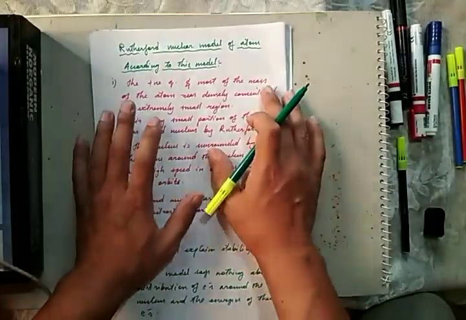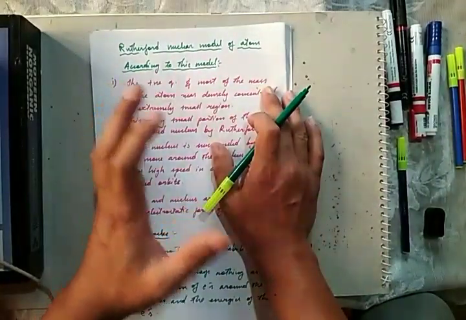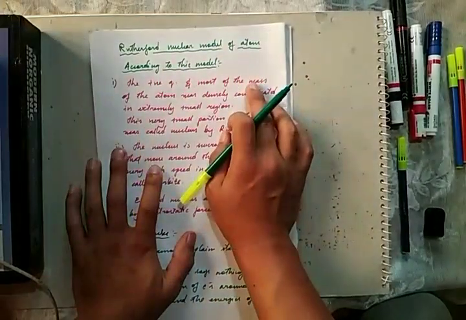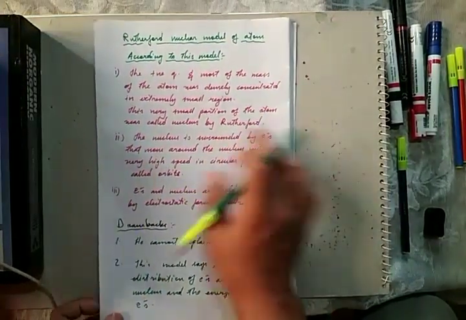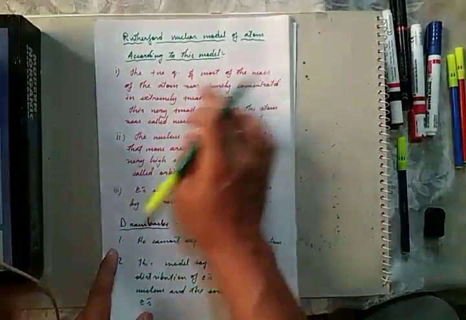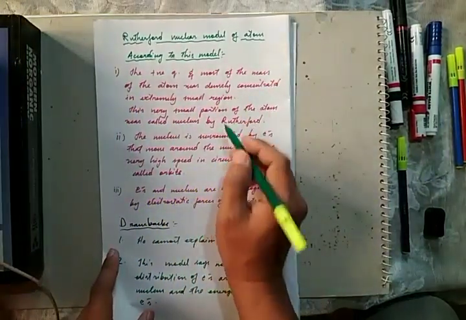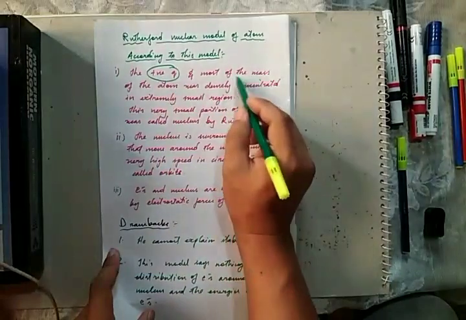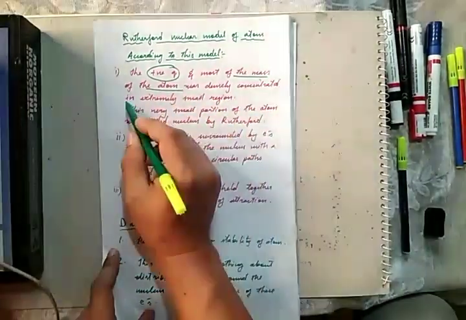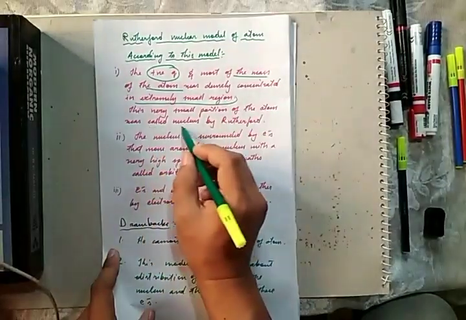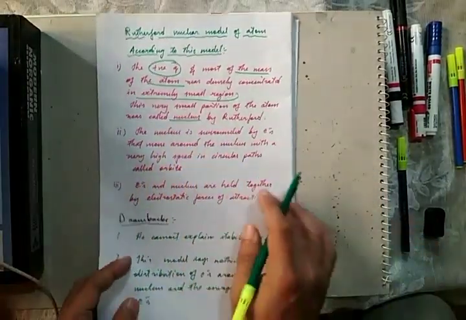After these conclusions, he proposed a nuclear model of the atom. According to this model, the positive charge and most of the mass of the atom are densely concentrated in a small region. This small portion of the atom is called the nucleus.